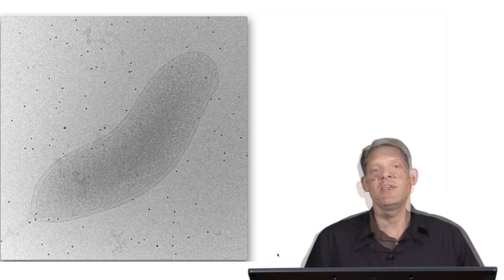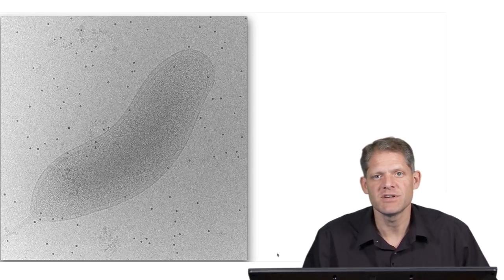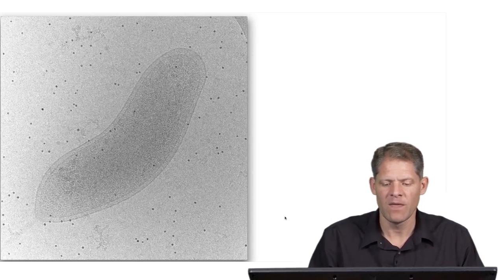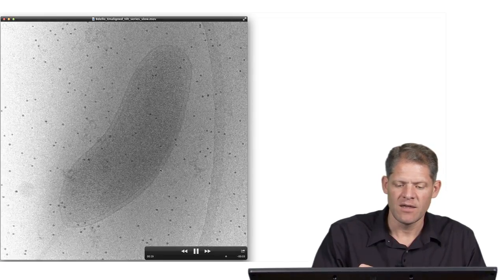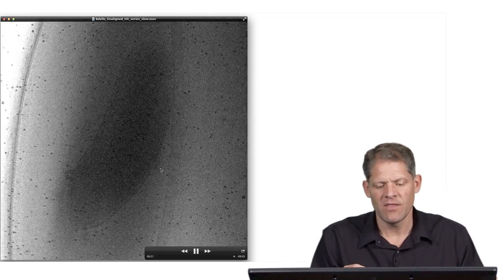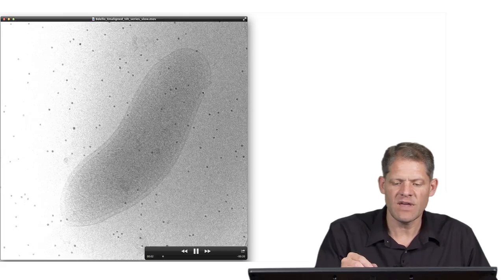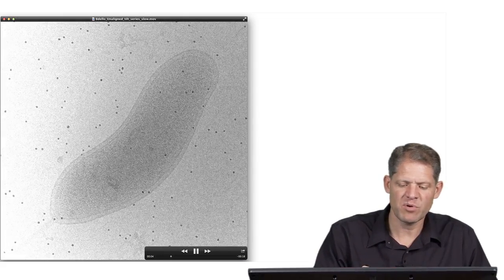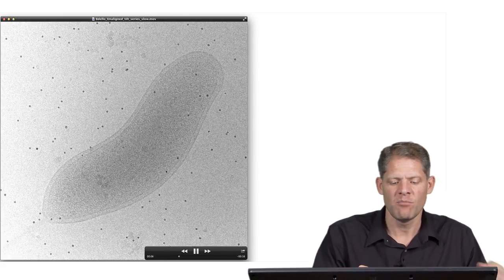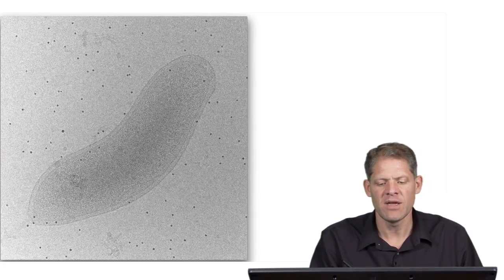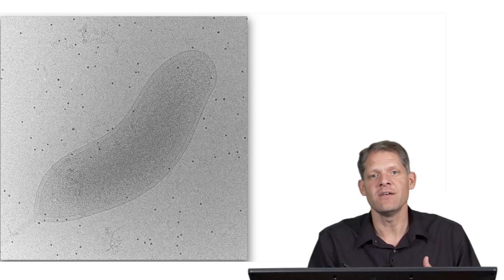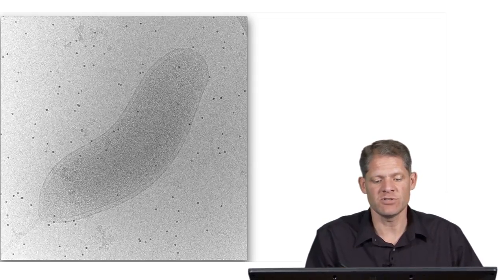Now that we've talked about how tilt series are collected, let's talk about how they're reconstructed. Now here again is the example tilt series that I showed earlier of a Bdellovibrio cell. And you can see that in this tilt series, the cell itself is always present in the middle of the images, but it jumps left and right a little bit as the images are recorded. And that's the error in the tracking procedure that was used.